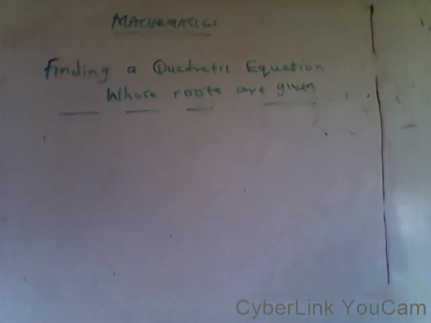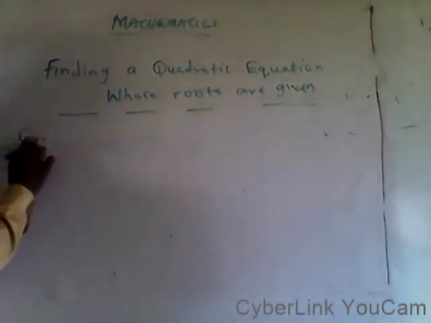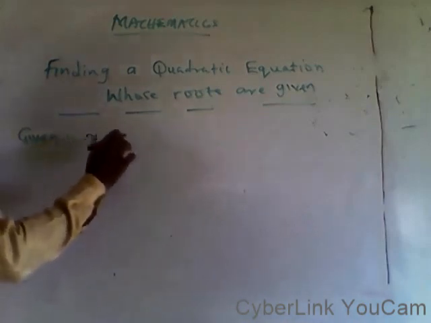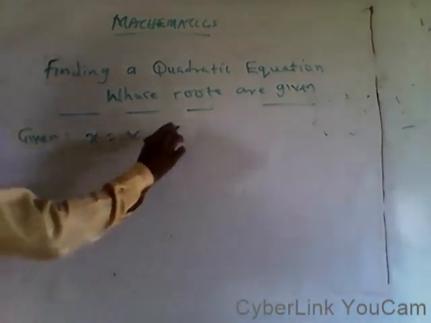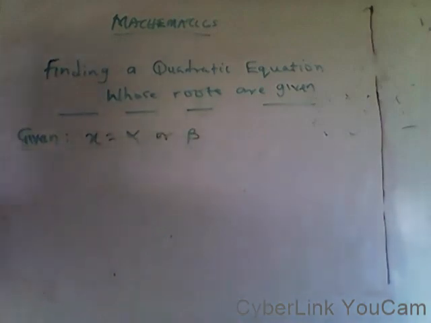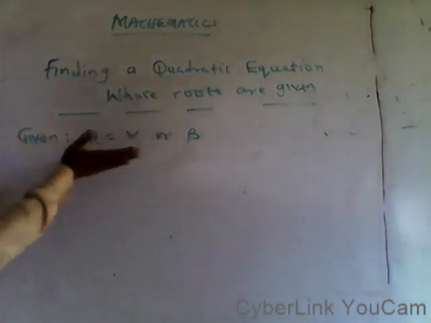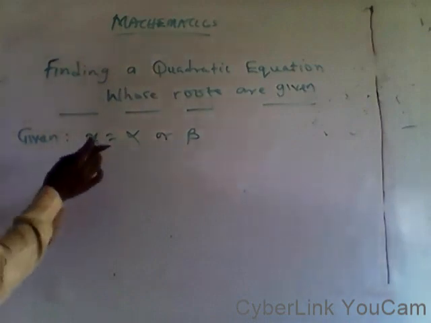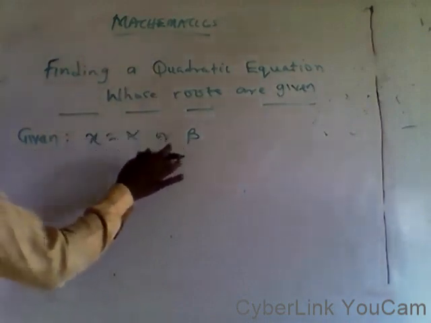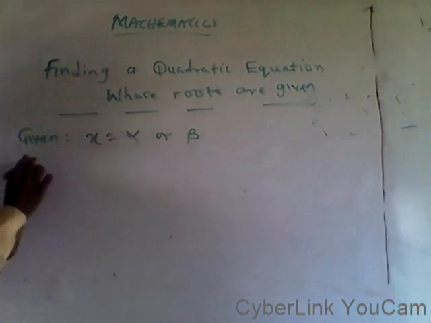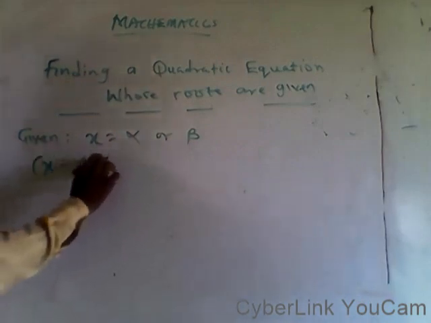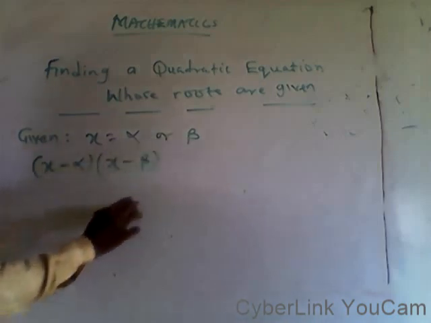So let's start. Let's say we are given, for a particular quadratic equation, that x equals alpha or x equals beta. How do you now get your equation from this? If x is alpha or beta, it means that before you get this, you have x minus alpha and x minus beta equals 0.